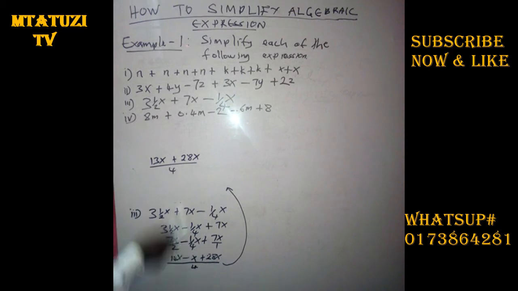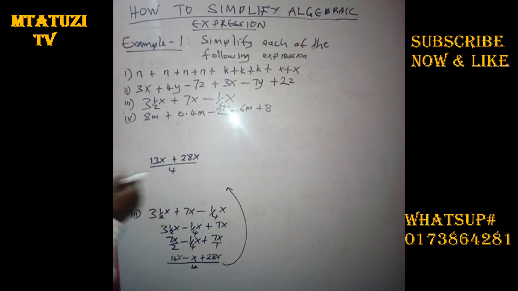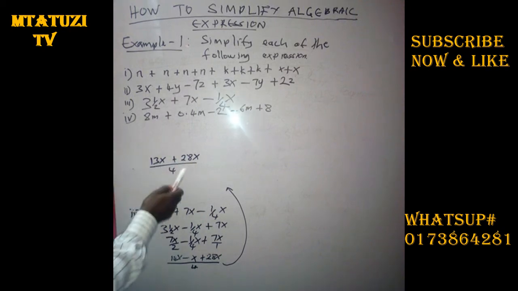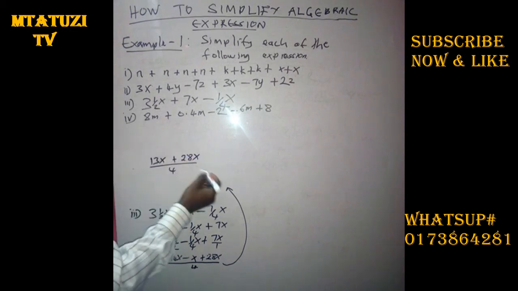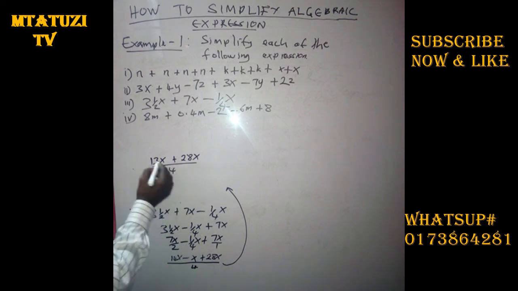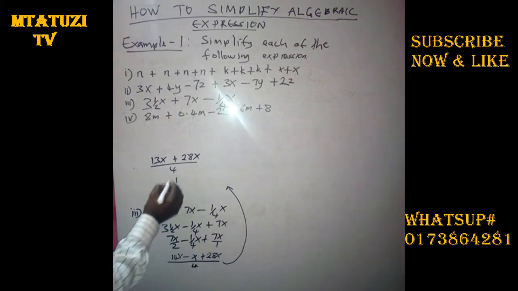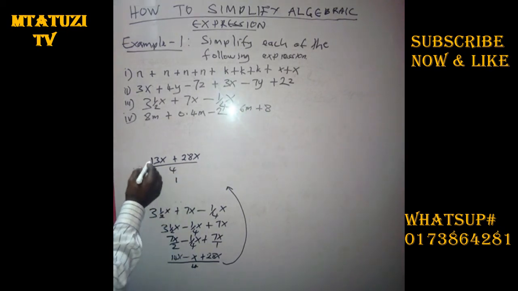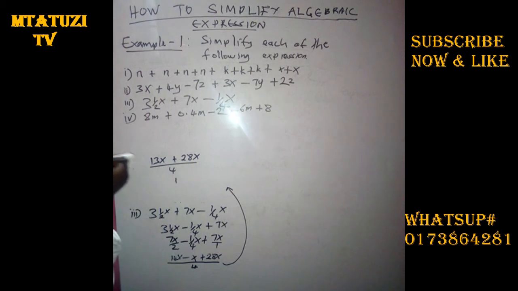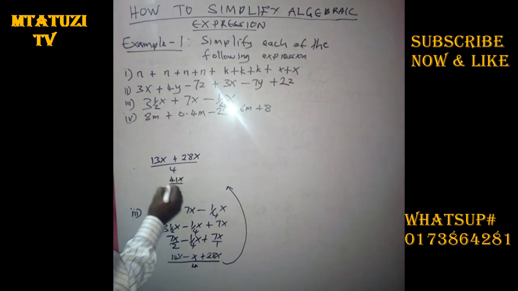Now 13 plus 28: how do we add? We add as follows, we want to simplify it. When you add there, you get 41x over 4.